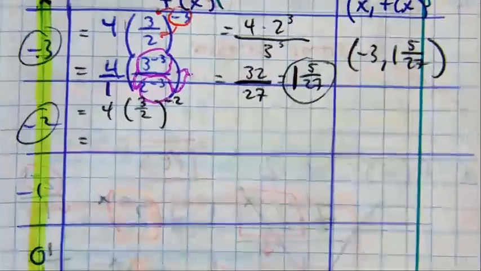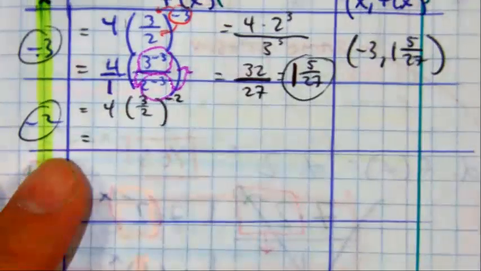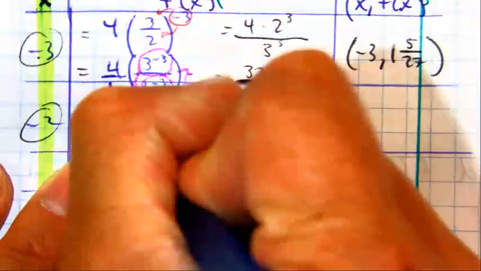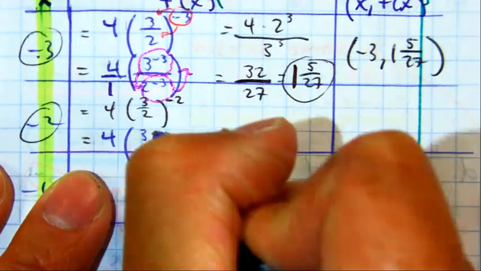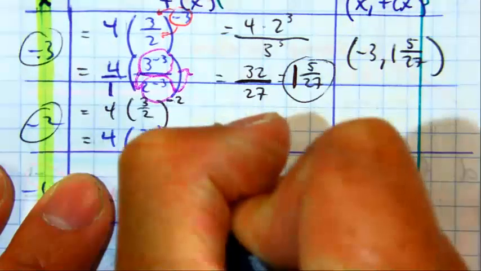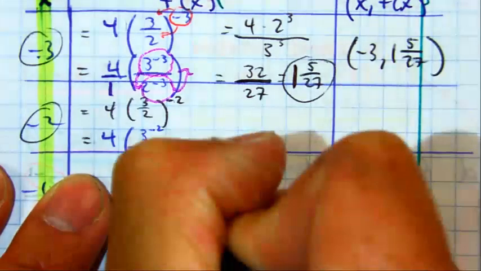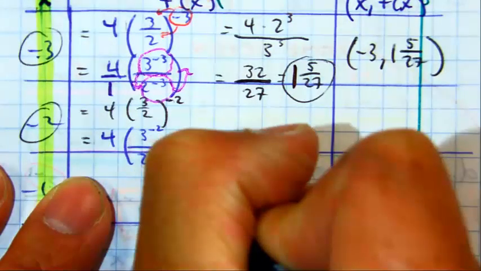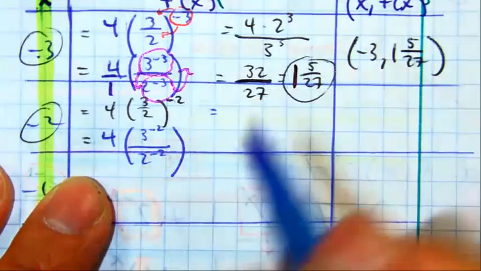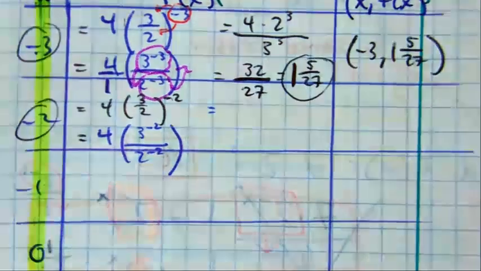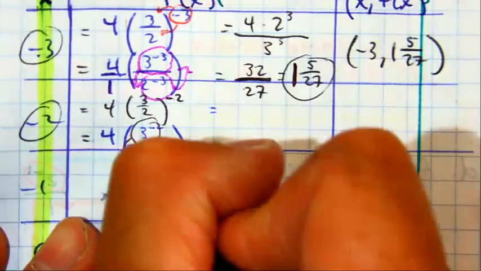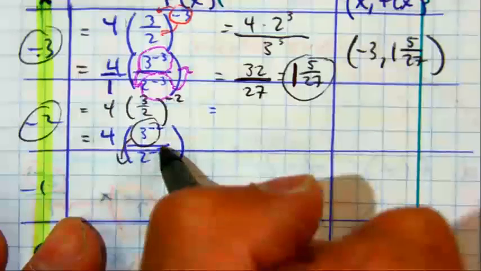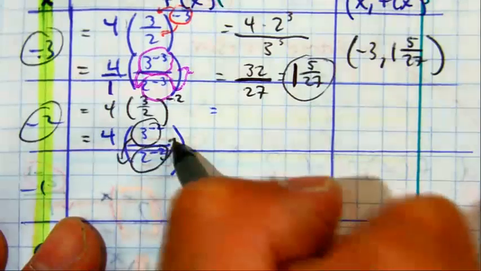You tell me. 4 times what? 3 to the -2 over 2 to the -2. Class, where does 3 to the -2 go? Down. And where does 2 to the -2 go? Up. So circle it, draw arrows, super helpful.